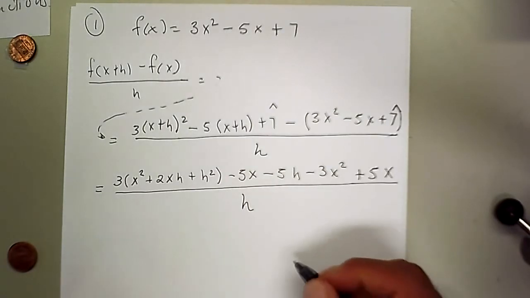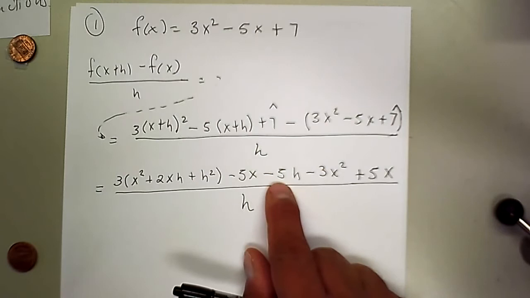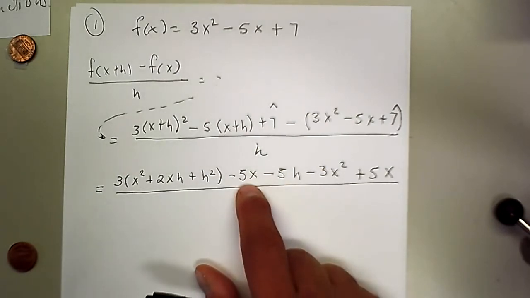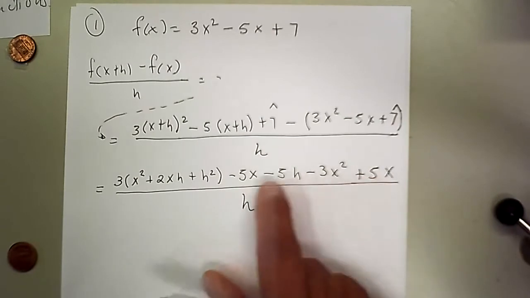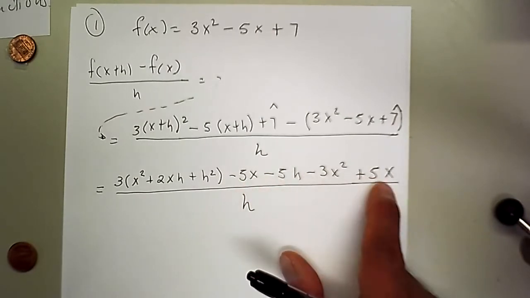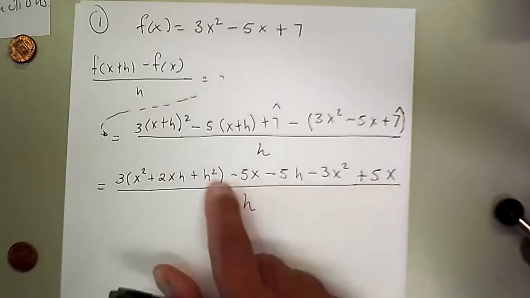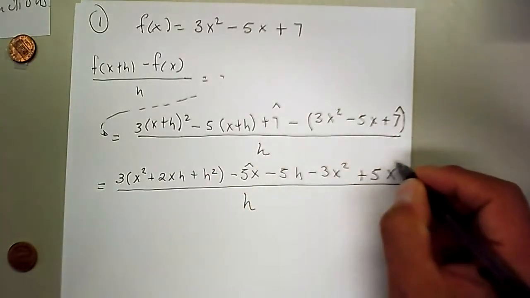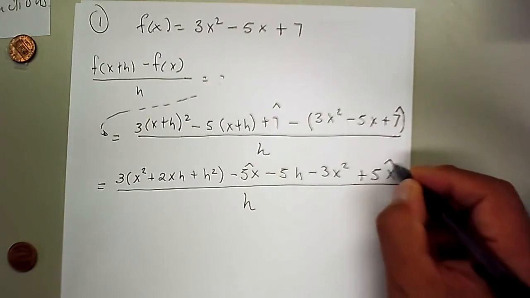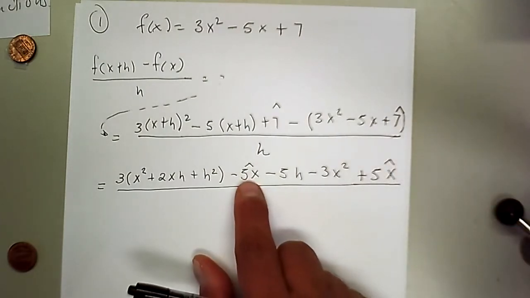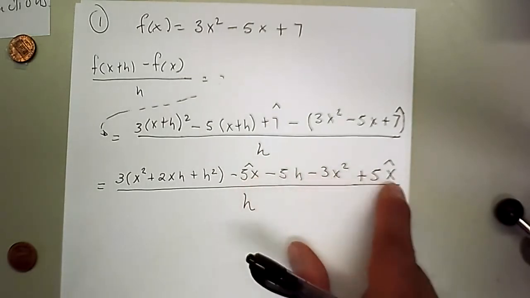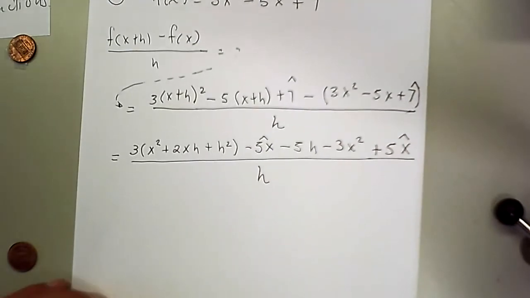Okay. We notice that we are subtracting 5x to then add 5x. Negative 5x and 5x add up to 0, and 0 does not affect the sum on the numerator. So we're going to put a hat on top of those. Those two terms will simplify. Negative 5x and positive 5x added together is 0, and the 0 does not affect the sum.